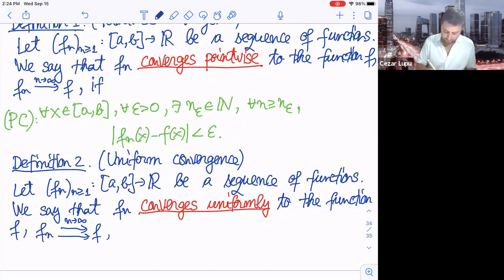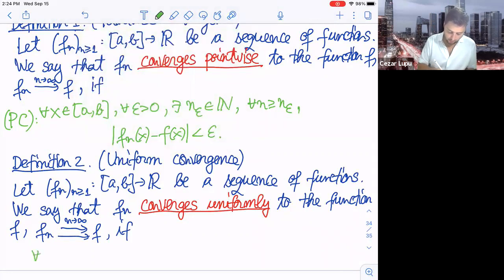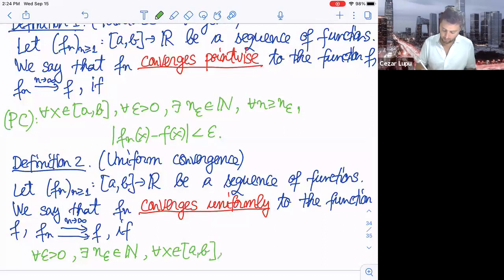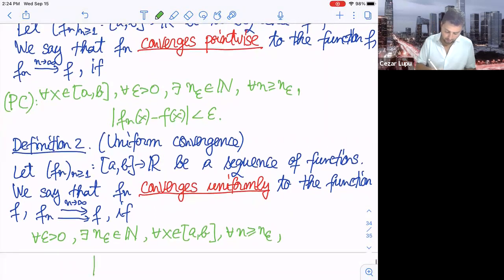if, and now I'm going to write, if for every epsilon positive, there exists a rank n_epsilon such that for all x in [a, b] and for all n greater than n_epsilon, we will have that |f_n(x) - f(x)| is less than epsilon.